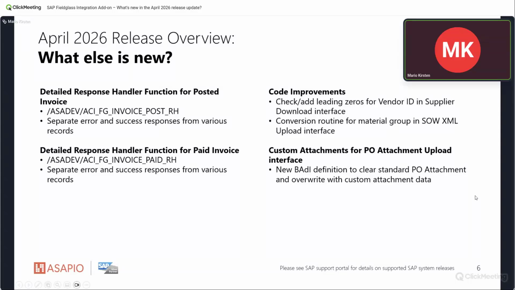It means that when in that interface we are sending several records to Fieldglass, of course, every record can get a different response back to the sender, so to the integration add-on. And these technical response handler features or functionalities that we now introduce into the product are really checking each and every response per record, and are then able to handle it correctly.